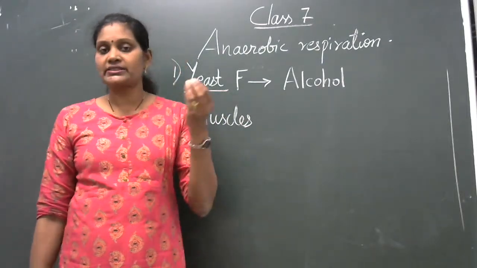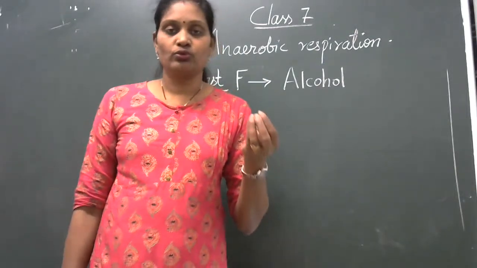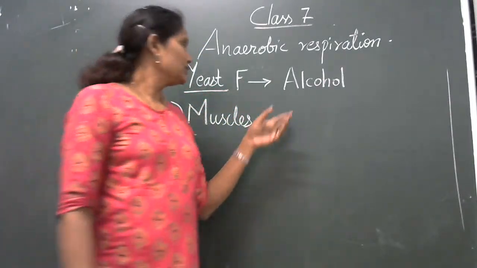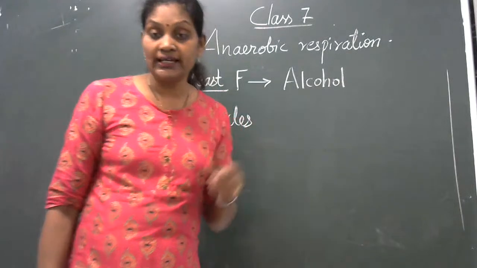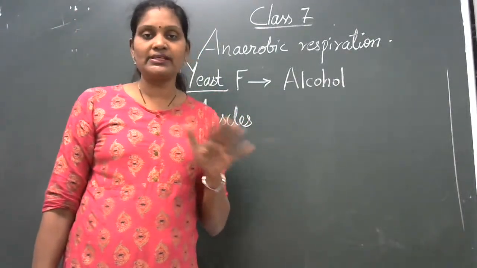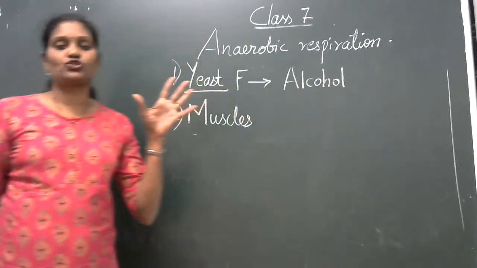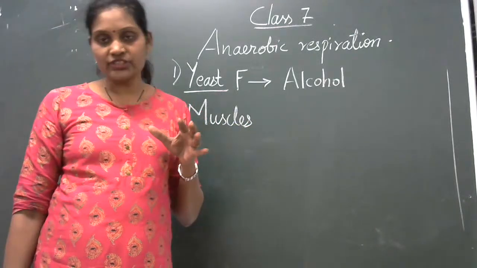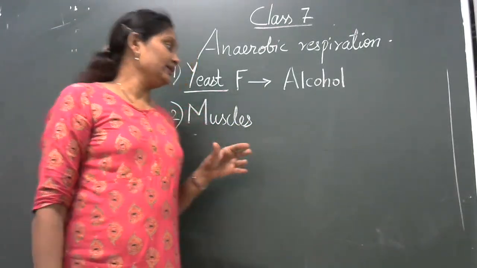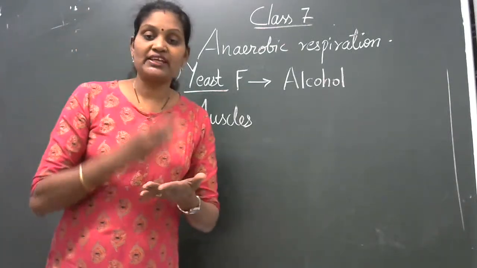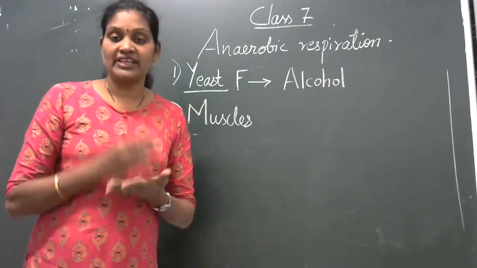It takes place in very few organs, and that is the muscles, in which the anaerobic respiration takes place. Not in the other organs. Only in muscles does anaerobic respiration happen. Isn't it?